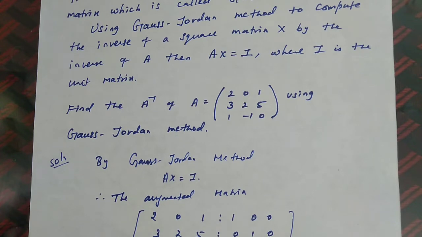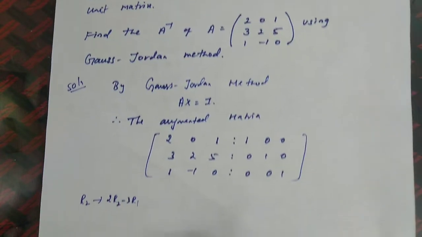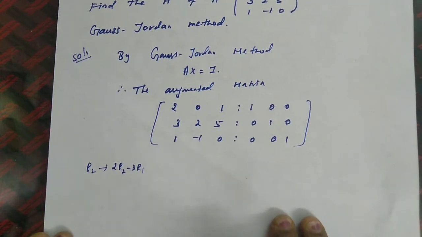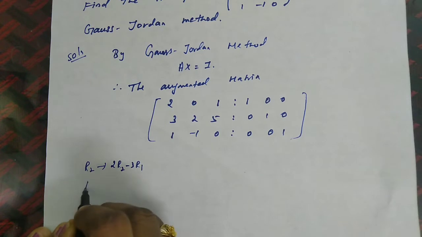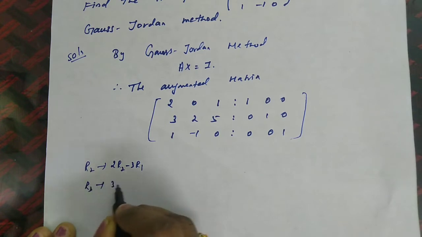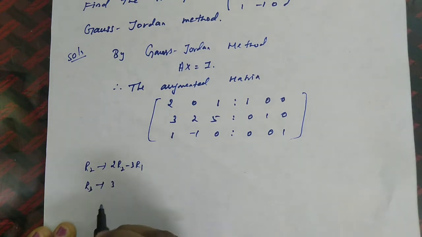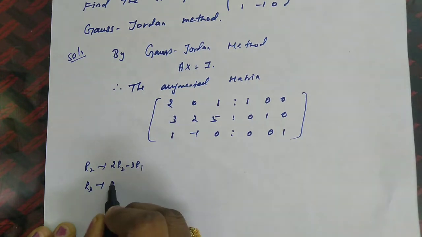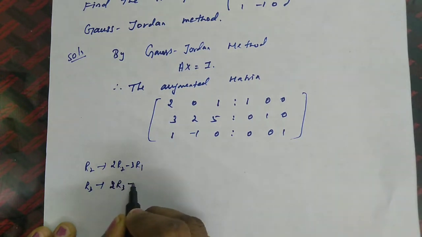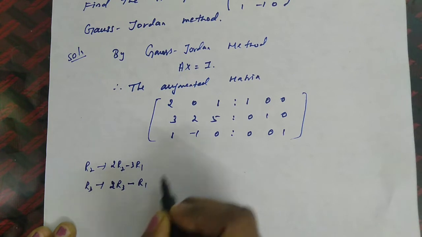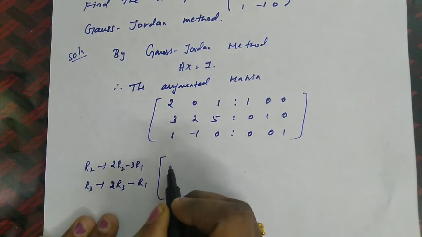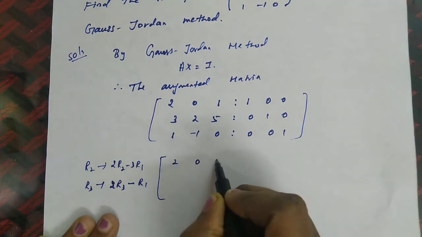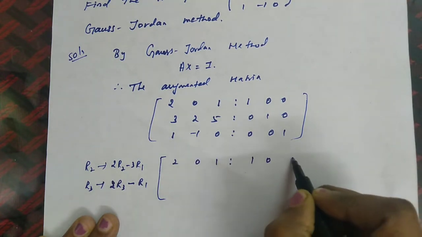In the same manner in R3, 2R3 minus R1. Applying this, in R1 we are not doing any operation, so we can write R1 as it is: 1 0 1 on the left and 1 0 0 on the right.